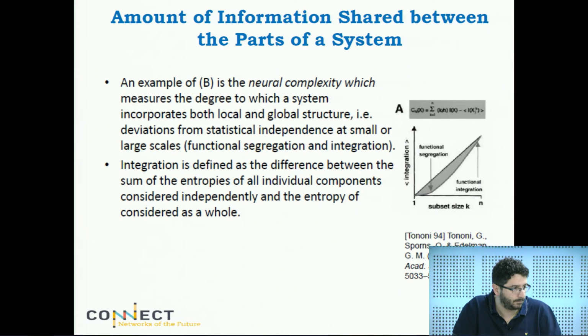Integration is basically defined by the difference between the summation of the information we get when observing individual nodes and the information we get when observing the total network as a whole.